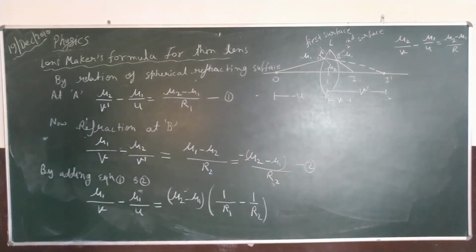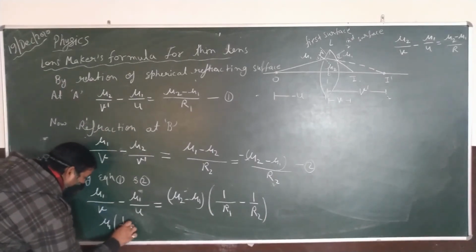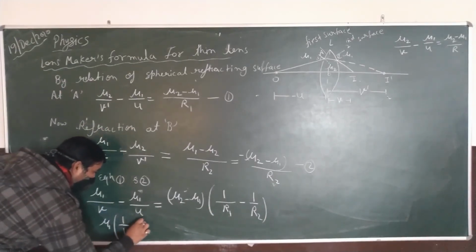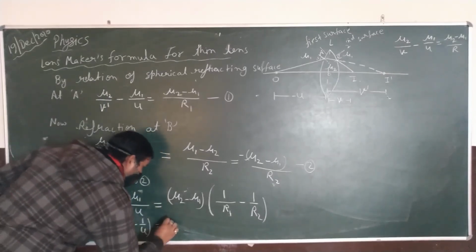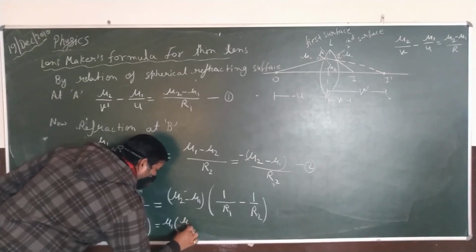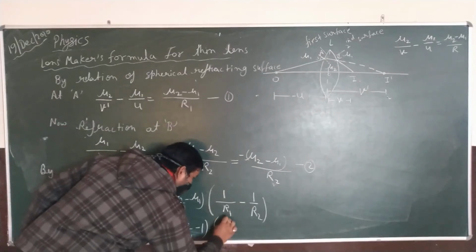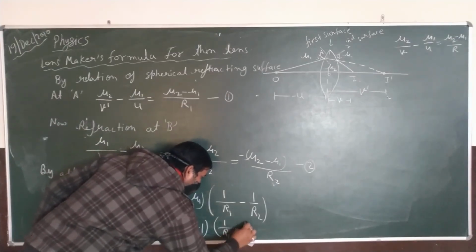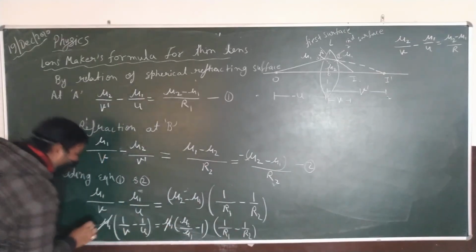It is clear? Now mu1 is common. We get 1 upon v minus 1 upon u is equal to mu2 upon mu1 minus 1, and this we have 1 upon R1 minus 1 upon R2.